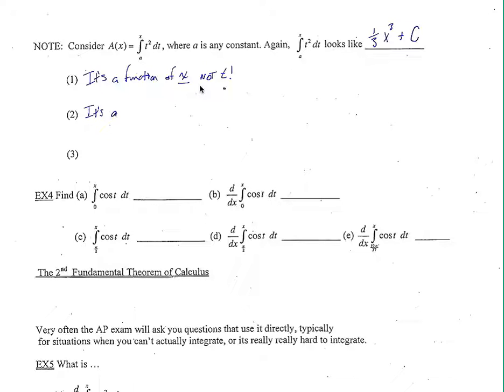So it's an antiderivative of x squared, where the a is like c. Both of them are constants.